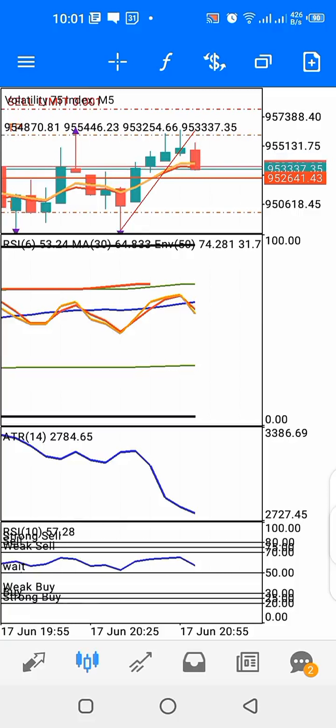Now price is going down towards the midpoint, so around here I can easily place a sell trade if I'm convinced price will go down.